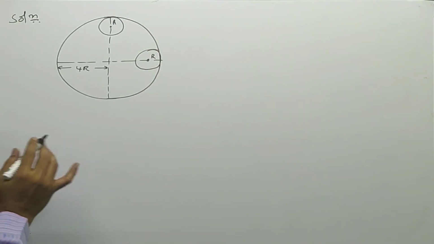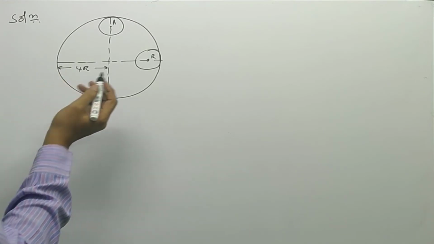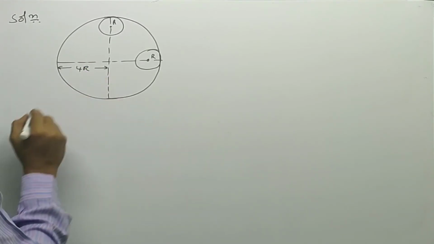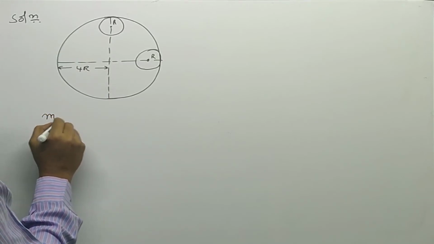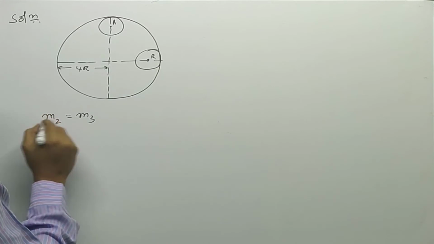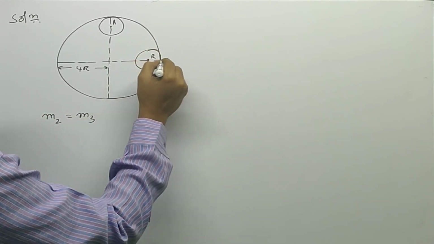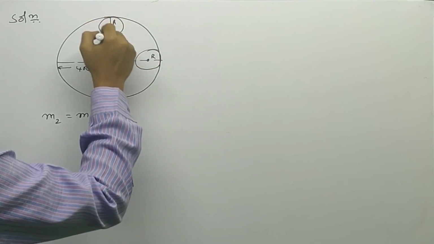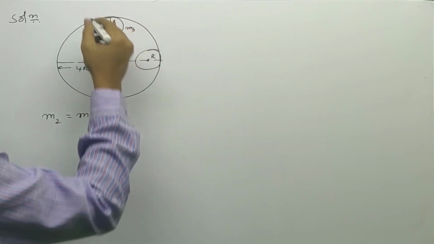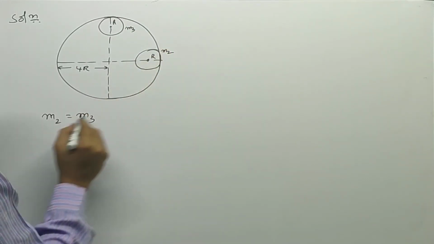Then what happens to the position of the center of mass of the circular plate? That is the question. Let us now assume that the removed mass m2 is equal to m3. m2 is the mass of this circular portion along the x direction, and m3 is the mass of the circular portion removed along the y direction.